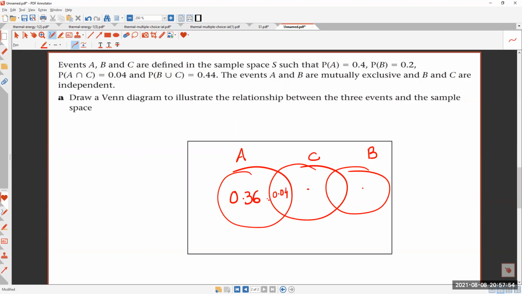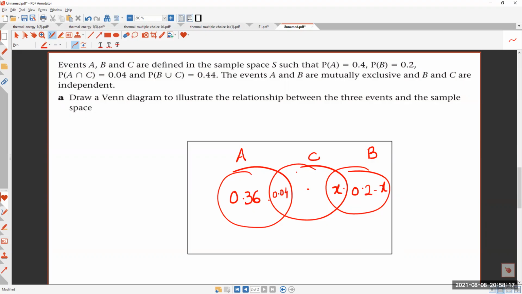Now let the common be x. PB is equal to 0.2, so this will become 0.2 minus x. Okay, this is done.